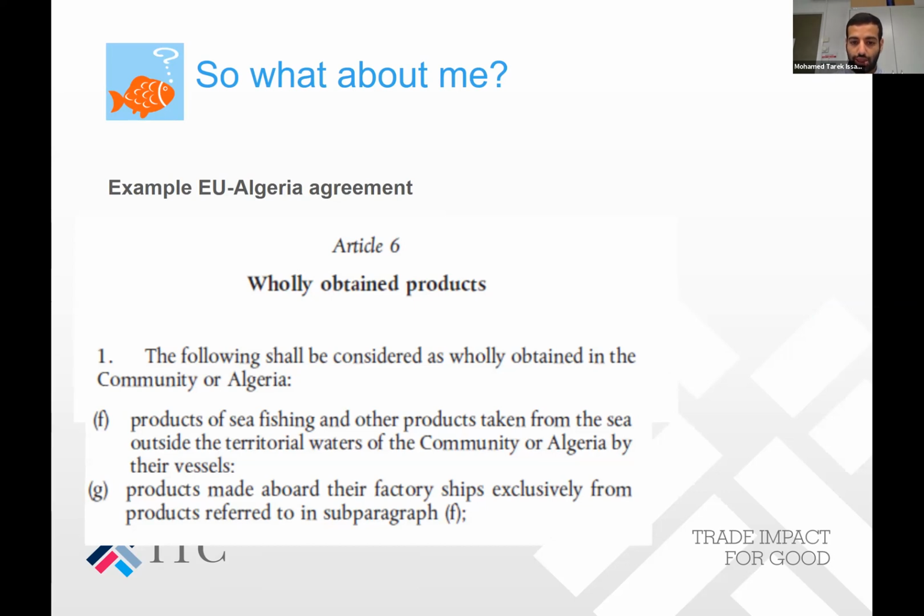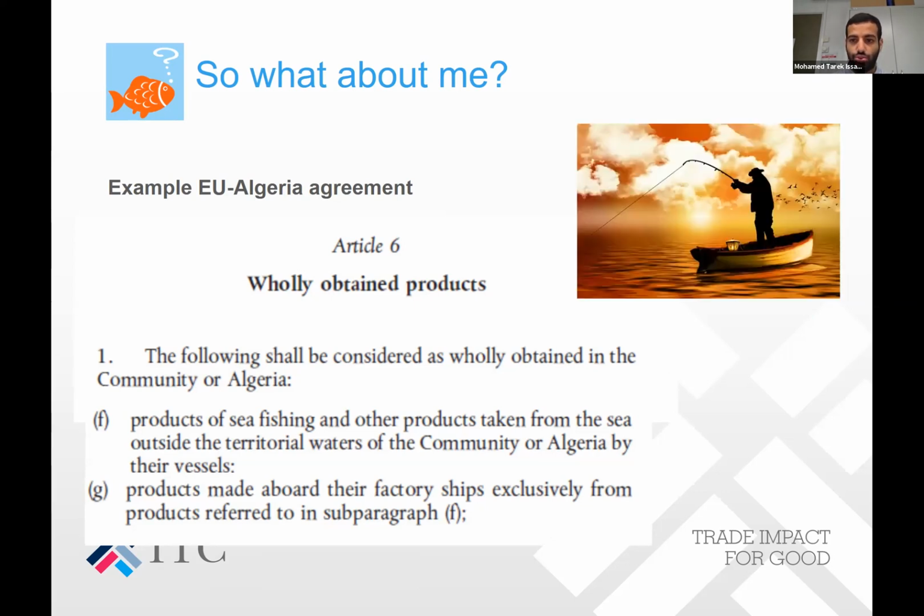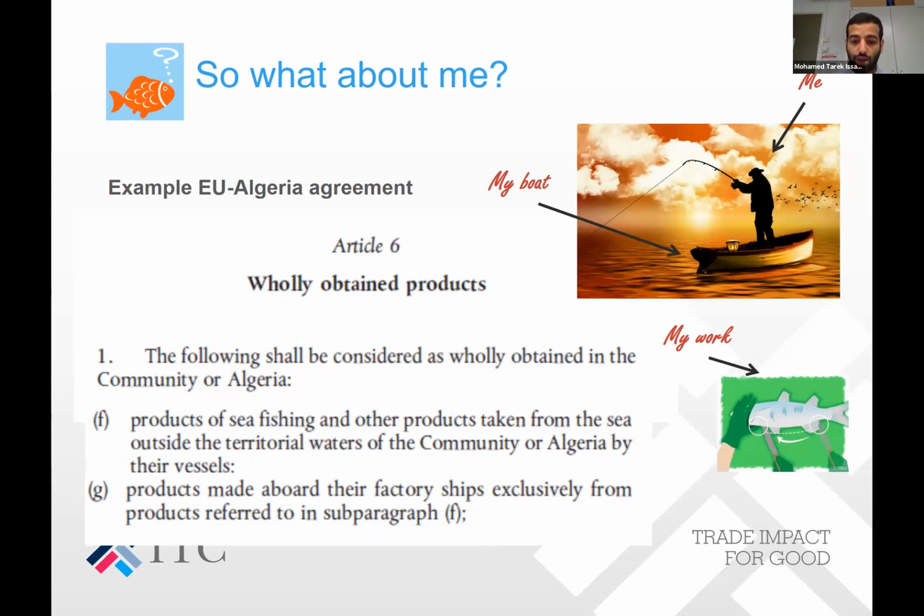So here they say that if I'm from the EU or Algeria, and it's my boat, and it's my fish, so it's my work that I did over the boat, then this could be a product originating in the EU or Algeria.